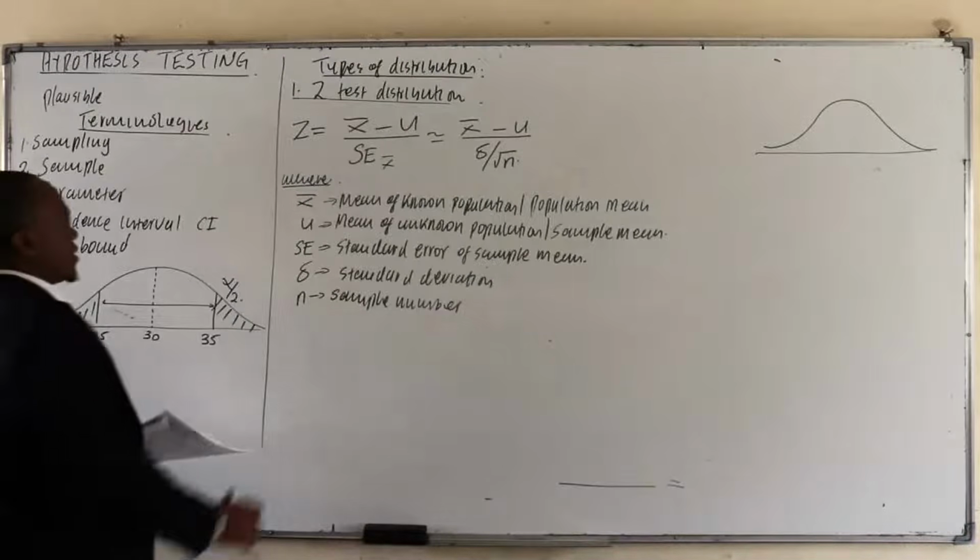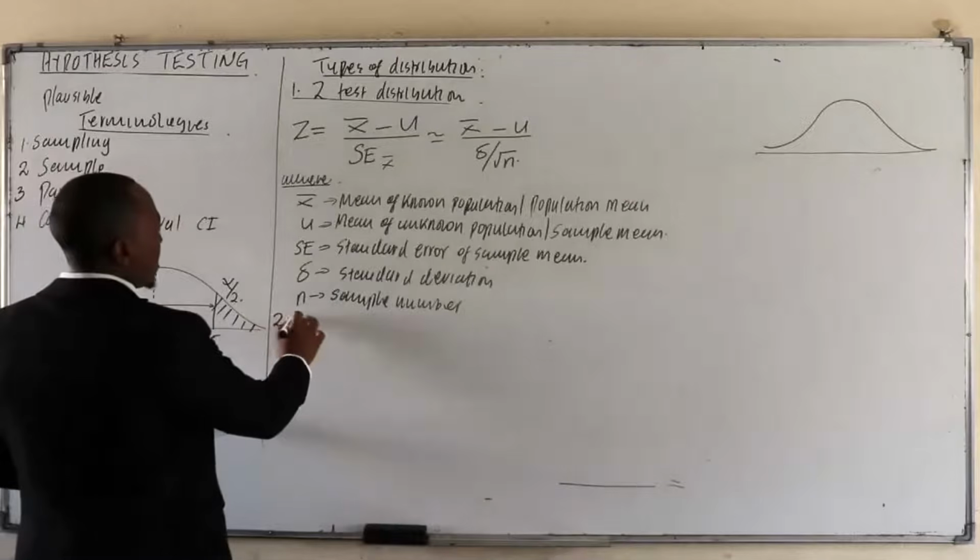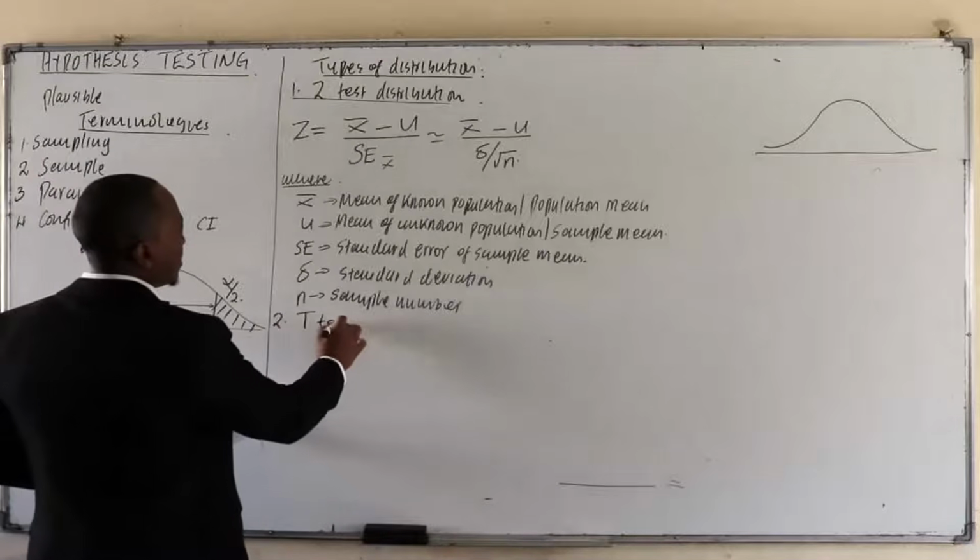So that was the Z-test. Then we have number 2, the t-test distribution.